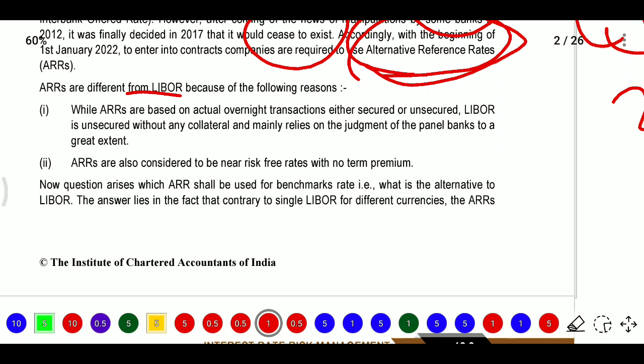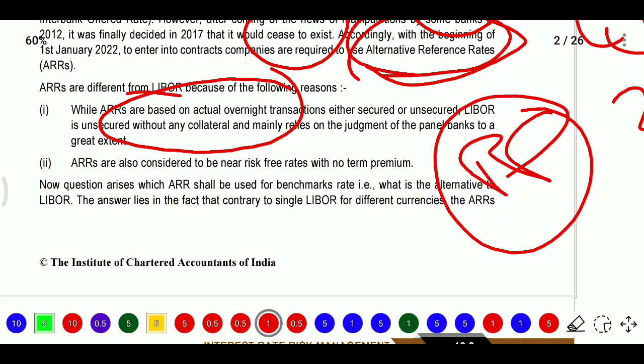ARR rates are based on actual overnight transactions, secured or unsecured, rather than judgment. ARR is also considered a near risk-free rate, that is RFR, the risk-free rate, which we can see mainly in government investments, with no term premium, so they do not add a premium for risk.